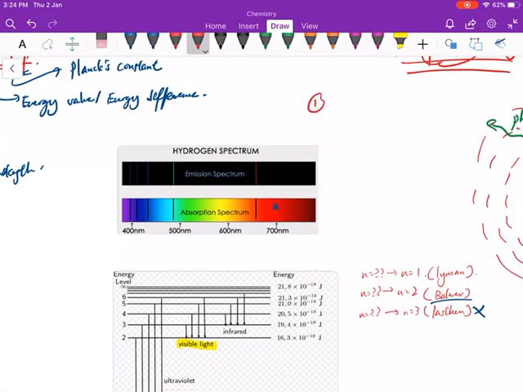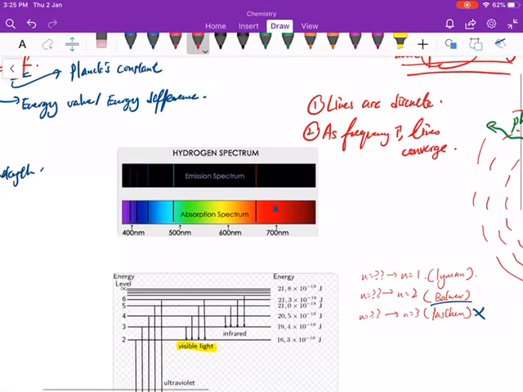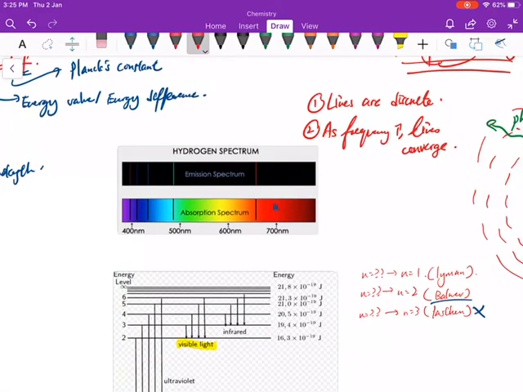One, why the lines are discrete. And two, as frequency increases, the lines converge. These are the two main points that people get stuck on, so I'll try and explain them.